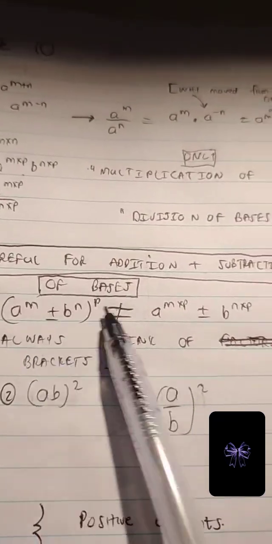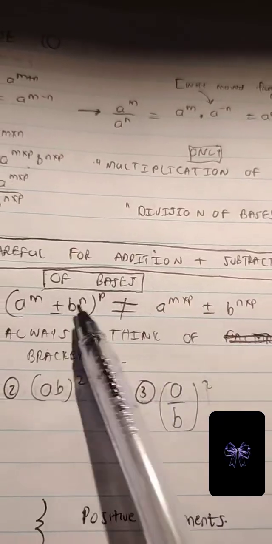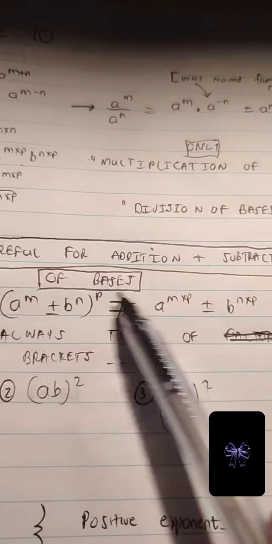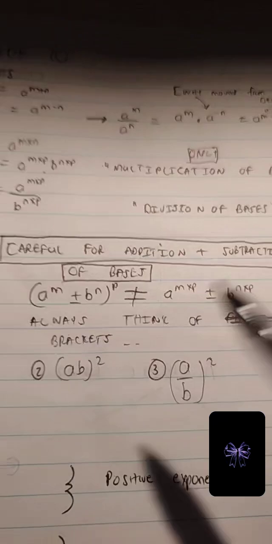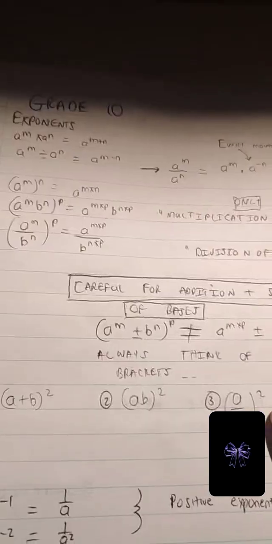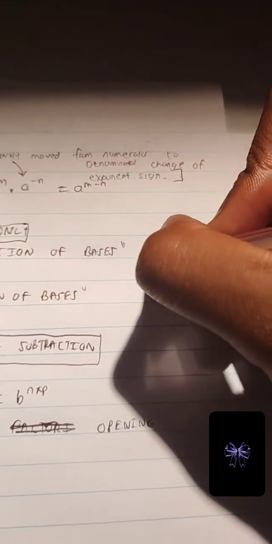So I said this cannot be written as a to the power m times p plus, whether it's plus or minus, we cannot and we do not distribute the exponent. Okay, so that is, I feel, just the basic fundamentals that you should know of exponents. Then maybe additionally I can add this as well.